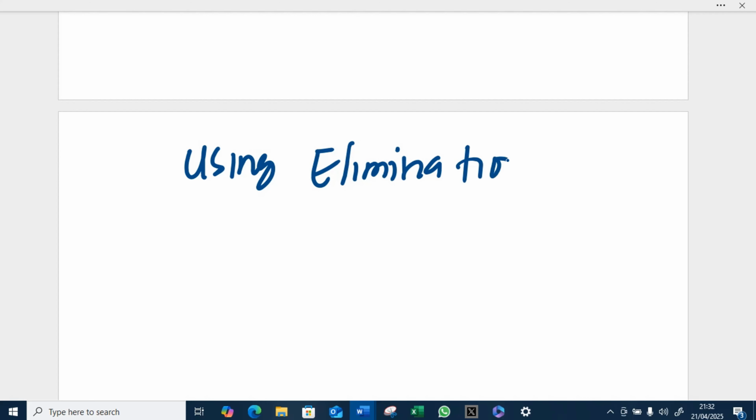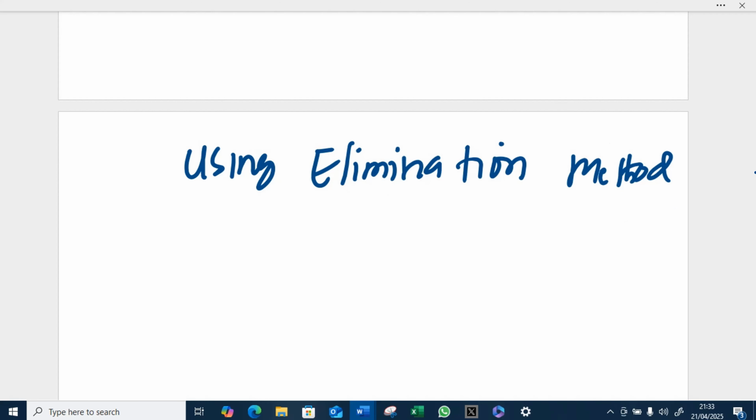Not Gaussian elimination, but the usual simple elimination method, where we eliminate one variable and reduce this system of three equations into two equations.